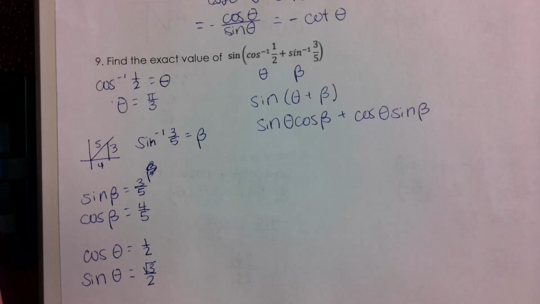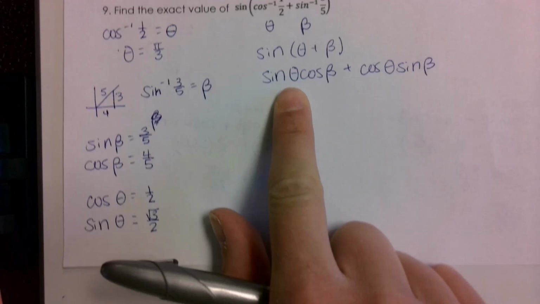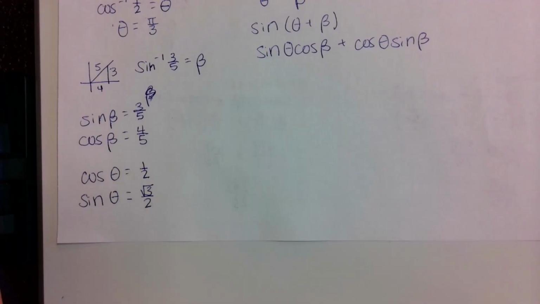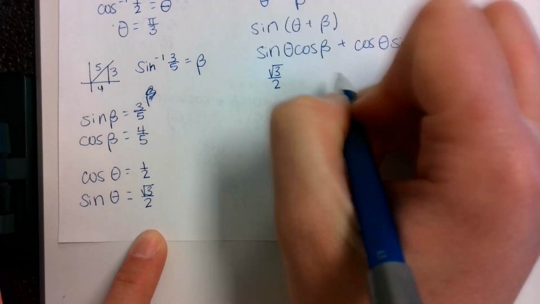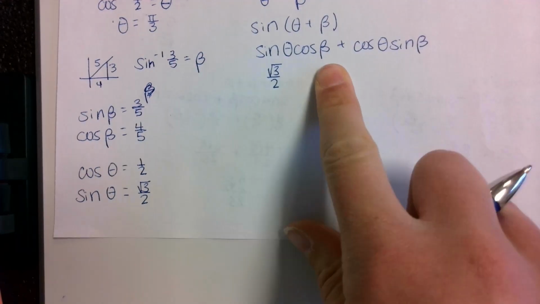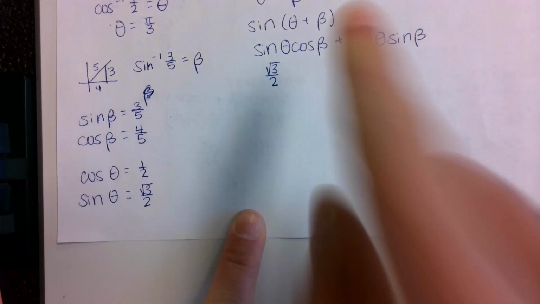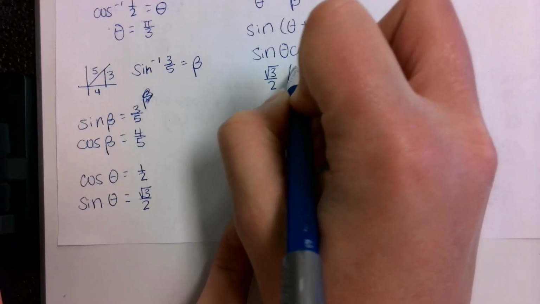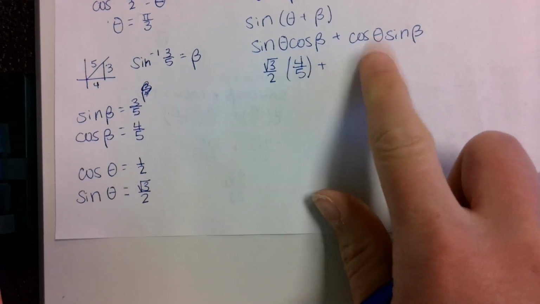So sine of this guy is what? Square root 3 over 2. What about cosine of this guy, or that guy? 4 over 5. And cosine of that one, the round one.